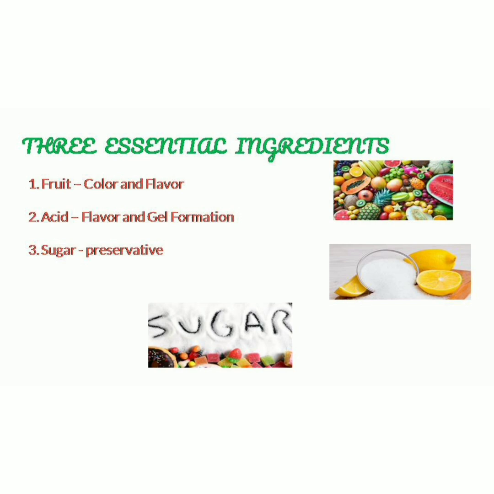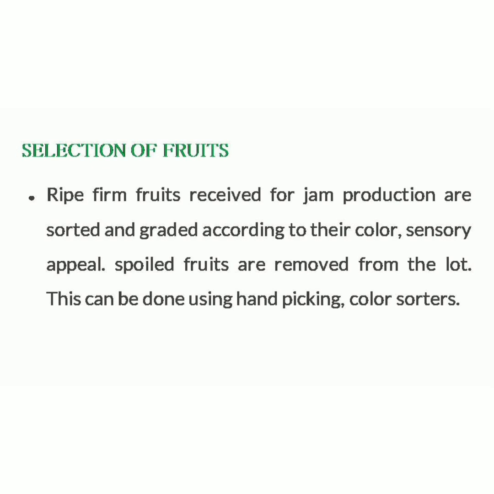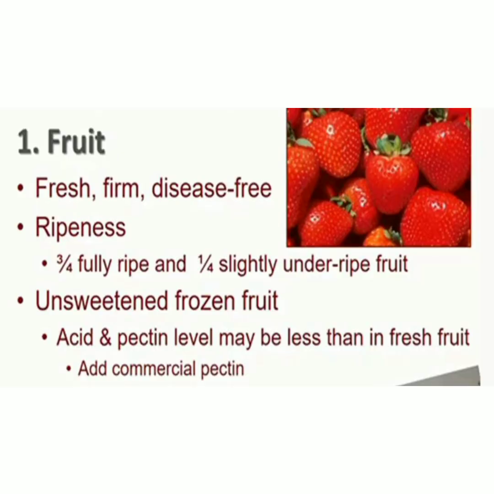First ingredient is fruit. How do we select the fruits? Ripe fruits received for jam production are sorted and graded according to their color and sensory appeal. Spoiled fruits are removed from the lot. This can be done by hand picking and then color sorters. The fruit should be fresh, firm, and disease free.